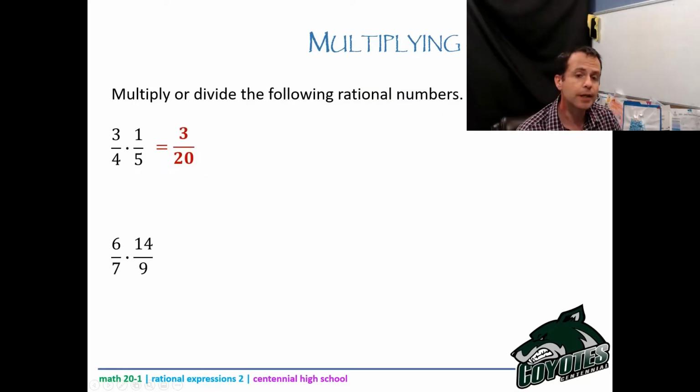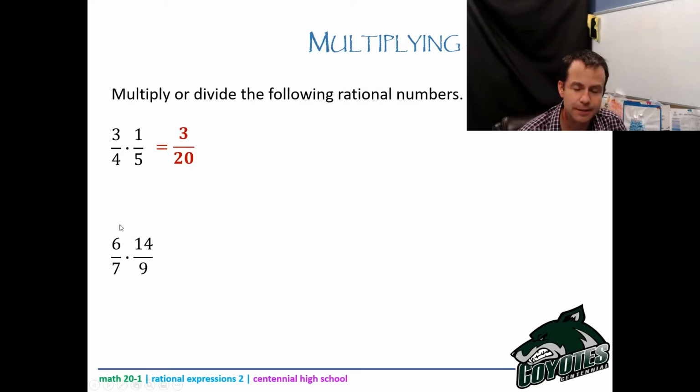Okay, now in the next one, you may look at that and say, okay, well, I'd have to go 6 times 14 and 7 times 9, and that is absolutely true. But what I want to do is set it up in a different way. It'll look a little different, but it's going to make total sense when you see what we're actually going to work with today, okay? What I'm going to do is think about factors.